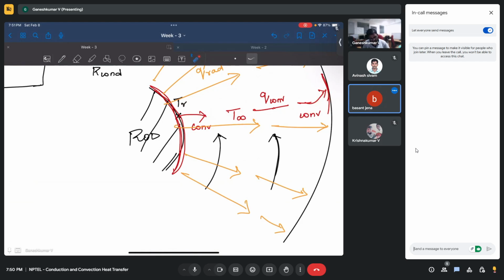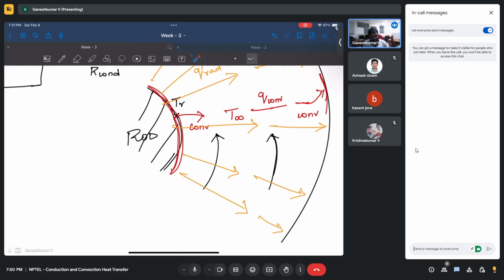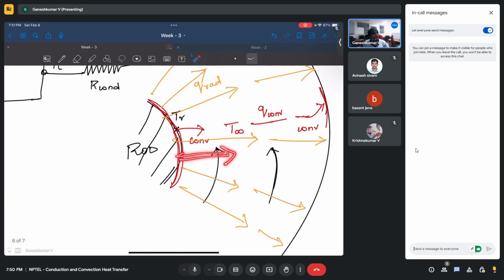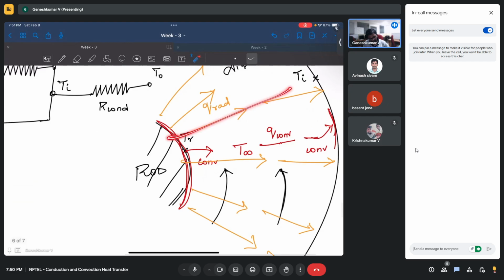So whatever heat the air takes out when it flows through the rod can only go through this surface. That's why these two resistances are in series, and this Q radiation is independent, so it is in parallel.